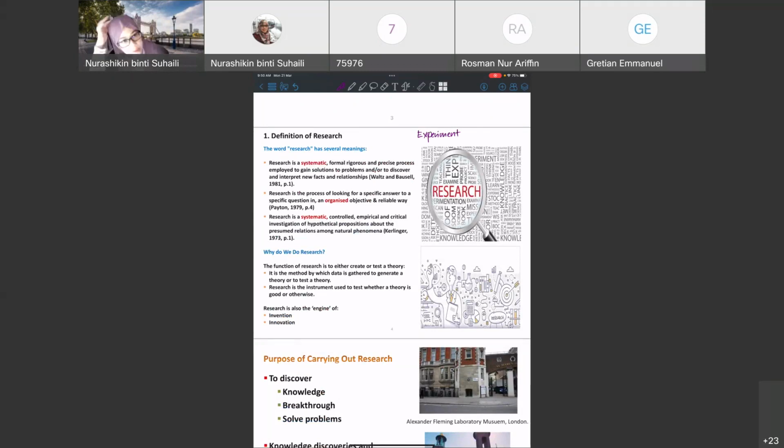Since your high school, matriculation, Form 6, you start even since you're in Form 1, okay, you ambil science subject, ada experiment. What is experiment? What is research? What's the difference between experiment and research? Can someone tell me? I'm sure you know, at least you know something about experiment. What is experiment?